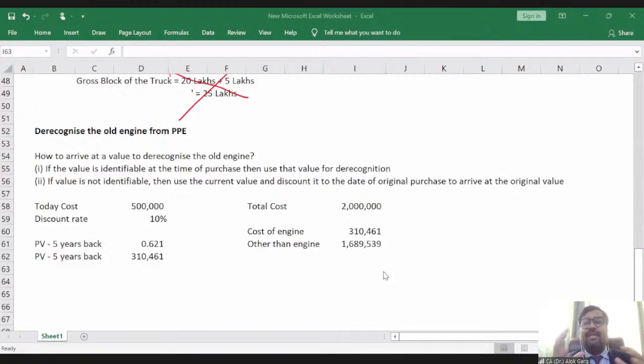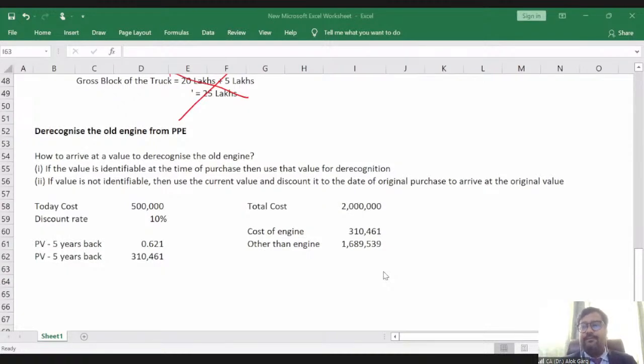So you can calculate the present value, and this will be the value of that component, and other than that component, you can reduce it from the original price and you will find the remaining value, right? Like in this particular case, I have done that.